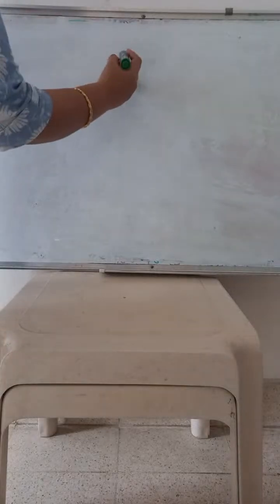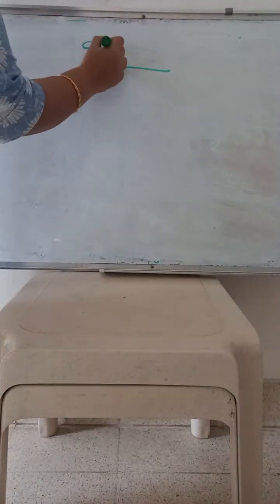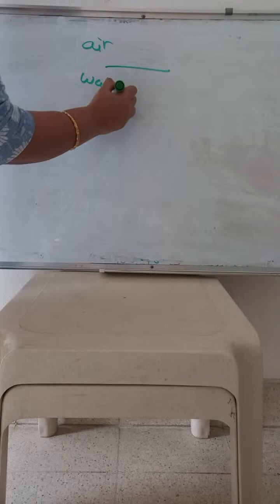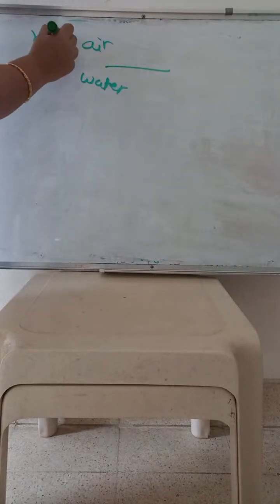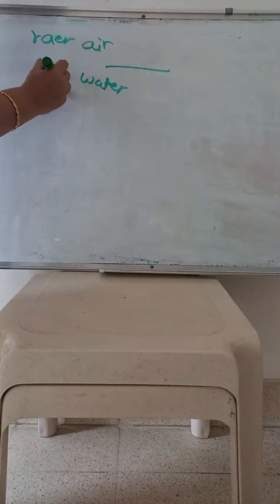This is the first law of refraction. They are not asking about reflection, they are asking about refraction. Refraction takes place when there are two different mediums. Suppose here we have air and here we have water. Air we can take as the rarer medium and water as the denser medium.